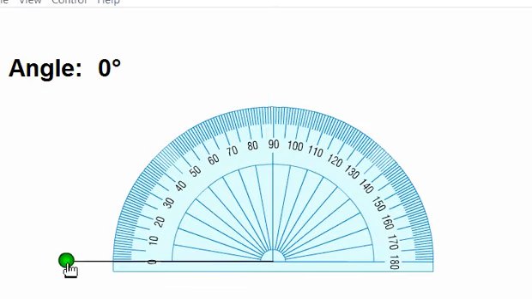For example, this line here is 0 degrees, but as we increase, now it is 10 degrees and 20 and slowly 30 and 40 and up to this point 90 degrees, or to be precise 89 degrees.